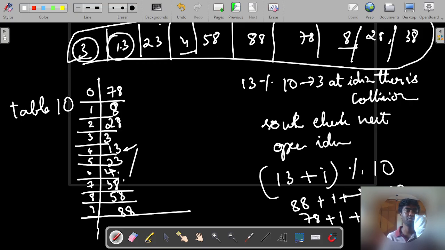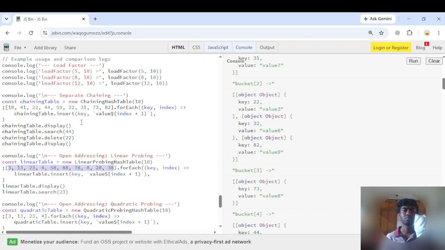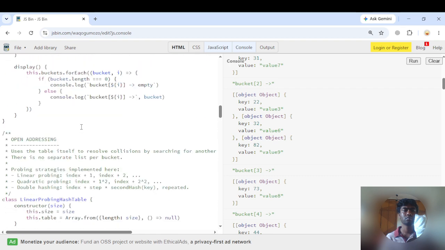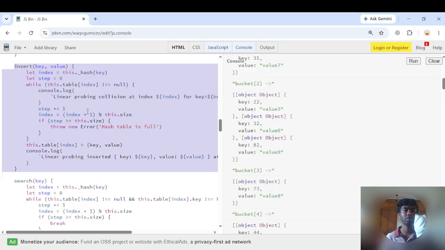So let me switch to JSPin and let's look at the code implementation. So here is the insert method. So first we start out with an index and steps 0.